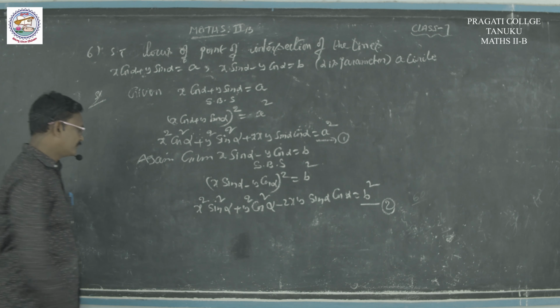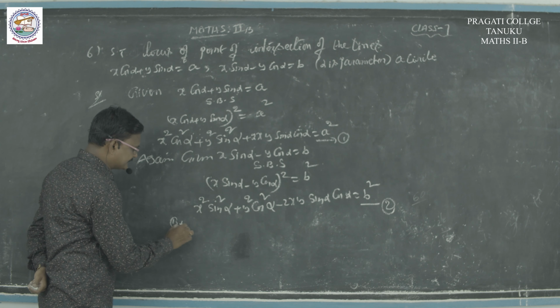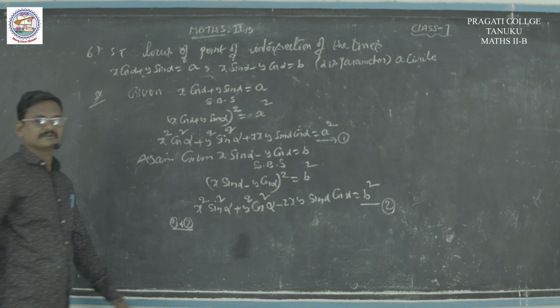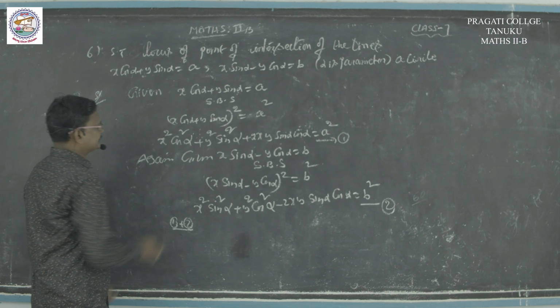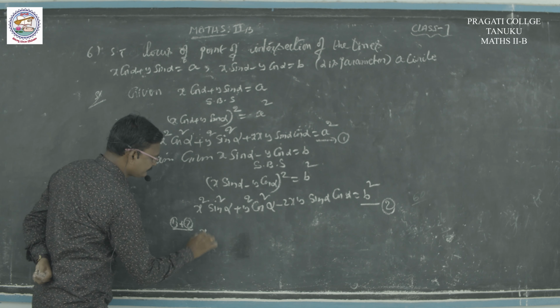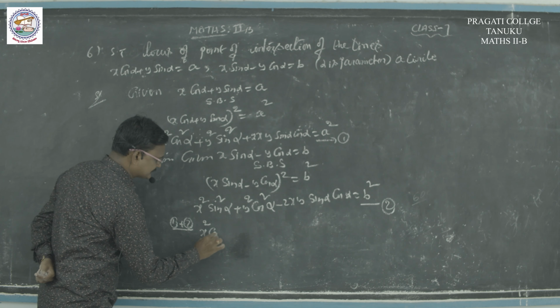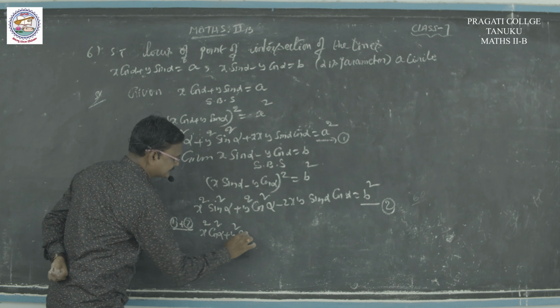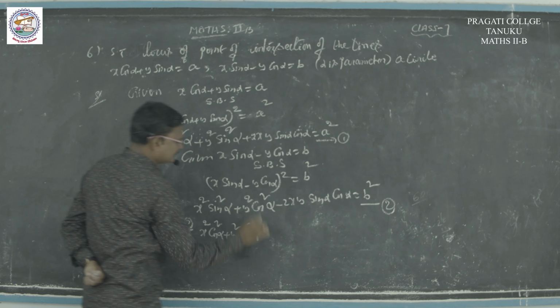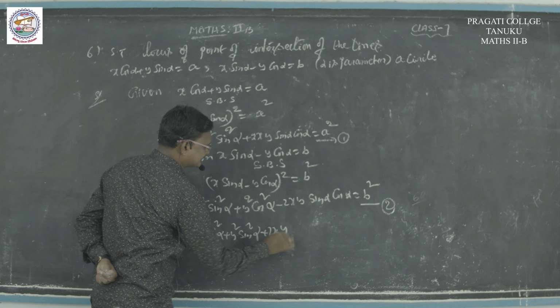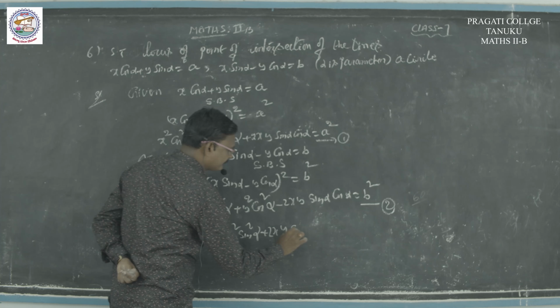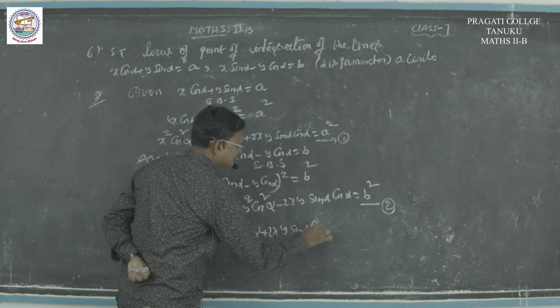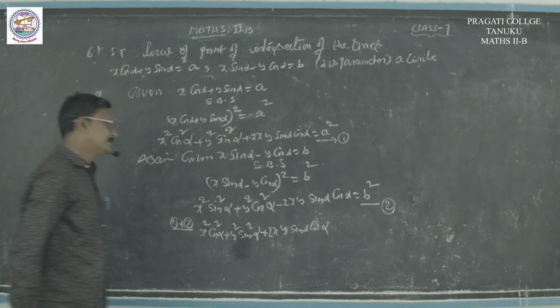Okay. Now you can add those two equations. That means first equation plus second equation, both we are adding. So the first equation is x square cos square alpha plus y square sin square alpha plus 2xy sin alpha cos alpha. This is the left side.